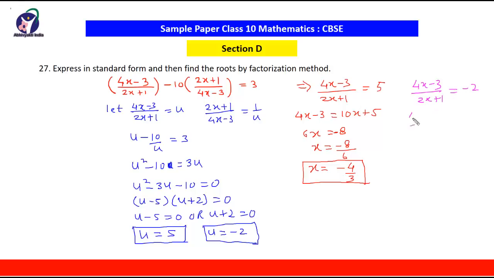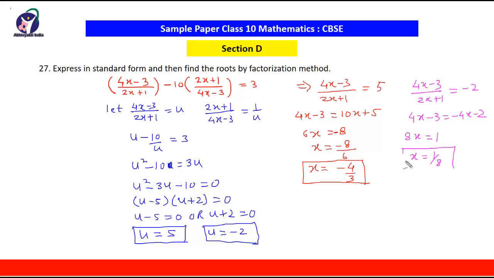Cross multiply, so it will be 4x minus 3 is equal to minus 4x minus 2. This 4x if you take to this side, it will be 4x plus 4x, 8x, which is equal to, if you take minus 3 to the other side, that will be plus 3, and minus 2, that will be plus 1, and therefore x is equal to 1 by 8.